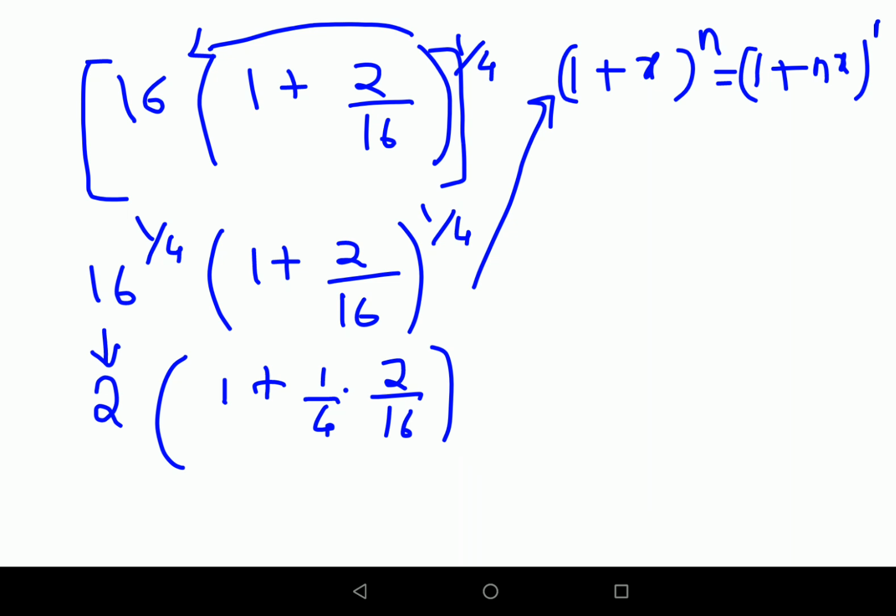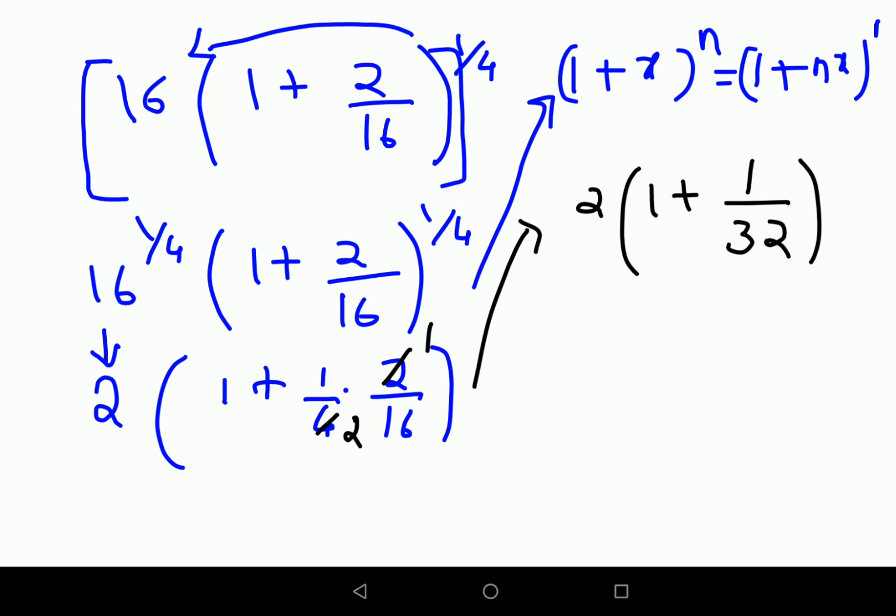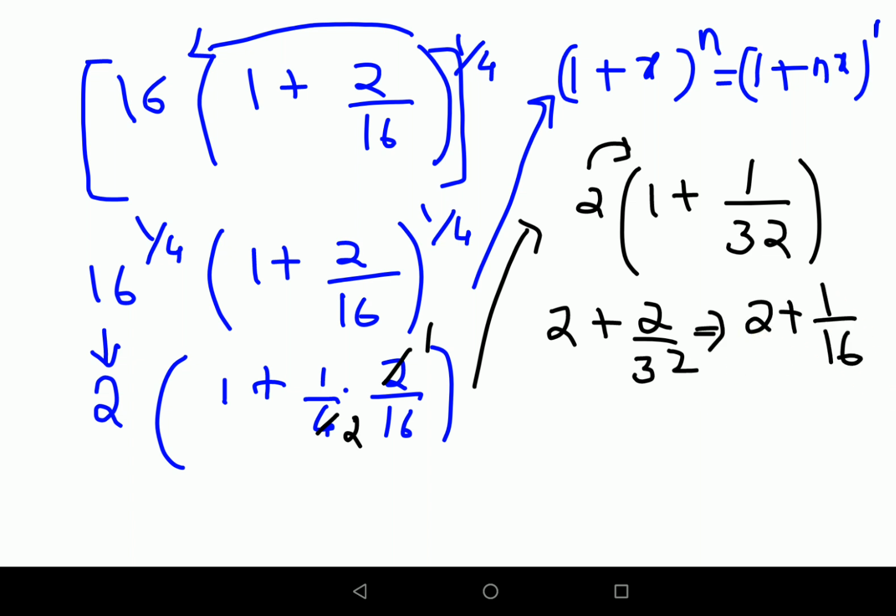Okay, now things are getting cancelled. So the 1s are, and the 2s are. So this then becomes 2 into 1 plus 1 upon 32. Let's take this 2 inside. So we'll have 2 plus 2 into 2 upon 32. That gets you 2 plus 1 upon 16.